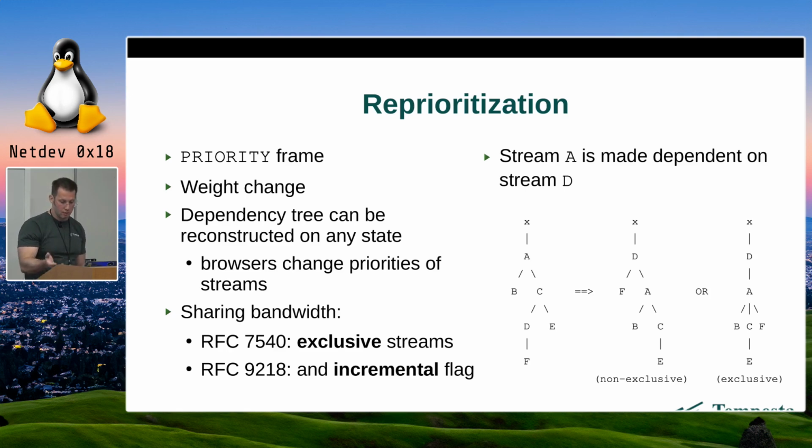So it has exclusive bandwidth, and stream F becomes a child of A. A relatively complicated operation, but this is what we have.